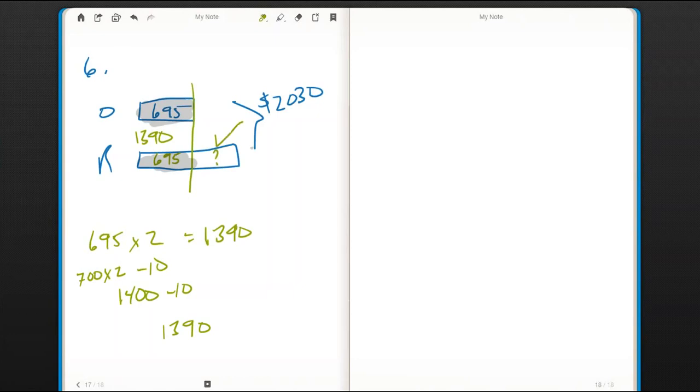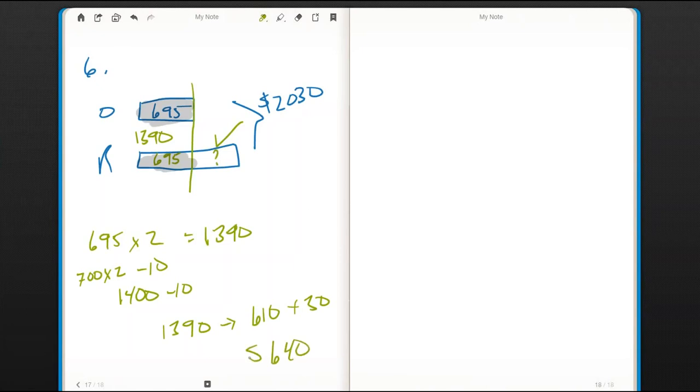The rest of the picture is all the way up to the 2,030. So how do I get to 2,030 from there? Well, I would take 1,390 up to 2,000 by adding 610, and then I need another 30 to get to 2,030.